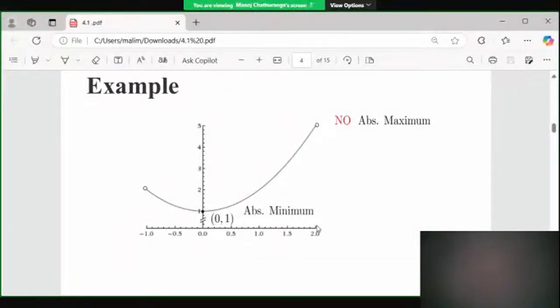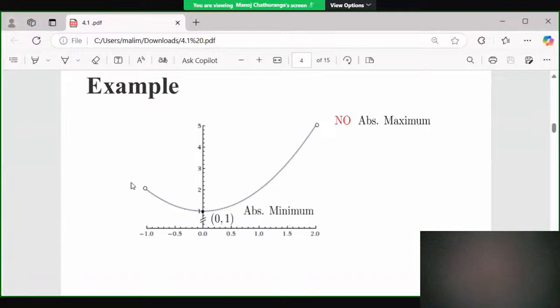So you could compute the limit of this function as you approach 2 from the left hand side. Likewise, again at -1, we have the same problem. -1 is not in the domain. Because of the absence of these endpoints, you no longer have this absolute maximum point.